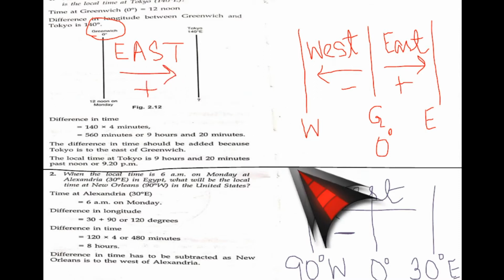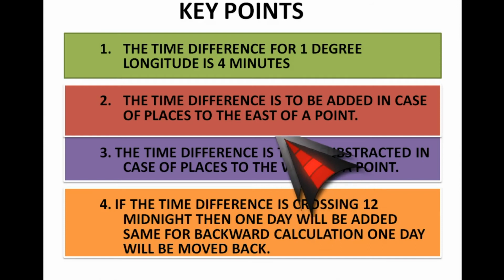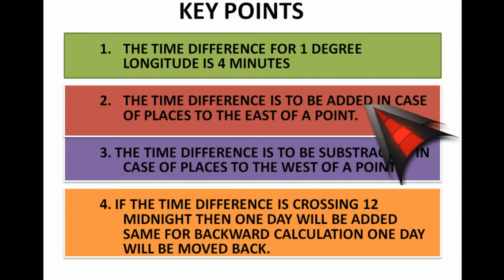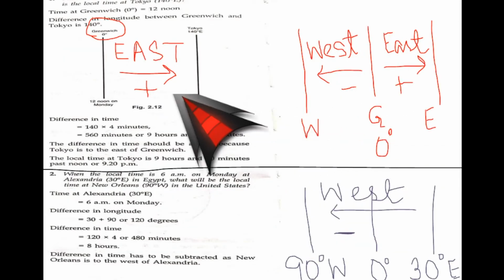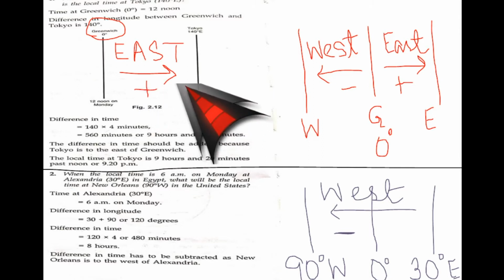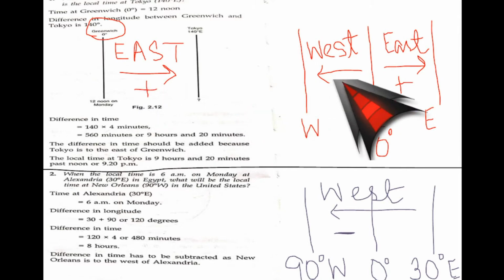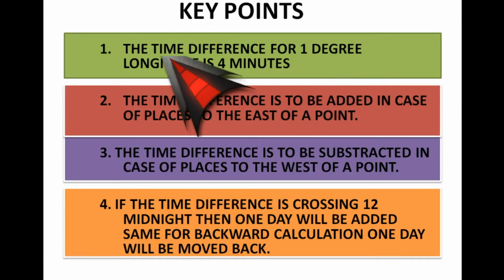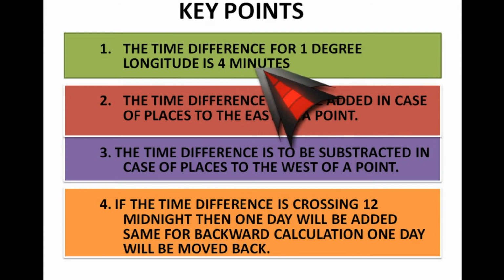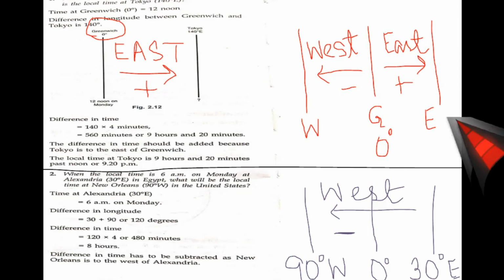As I am moving eastward, which validates point number 2, the time difference is to be added. Let's look at the first point. The time difference for 1 degree longitude is 4 minutes.